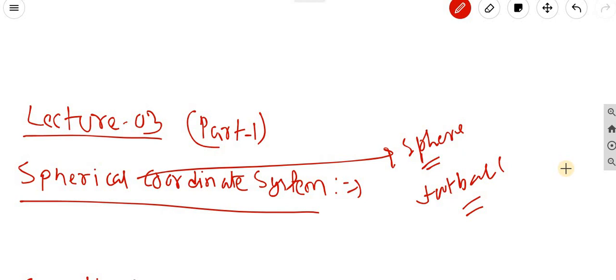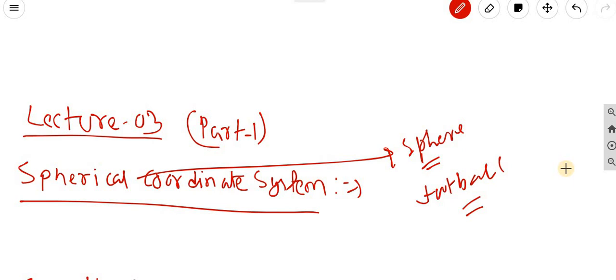If some symmetric problem is there, if you find a degree of symmetry in the application, then you have to go for this coordinate system. Otherwise, as I told, for a simple one, up to three dimensions, go for the rectangular coordinate system. Here this is also a three dimensional system.